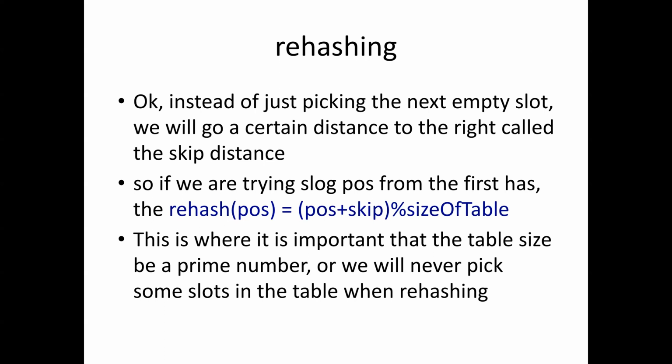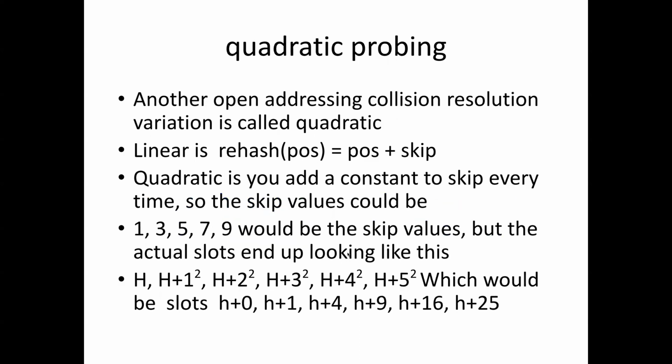You no longer go to the adjacent slot, you go by some skip value. And when you pick the size of the table, it is better to pick a prime number, right? That gives you the best result.